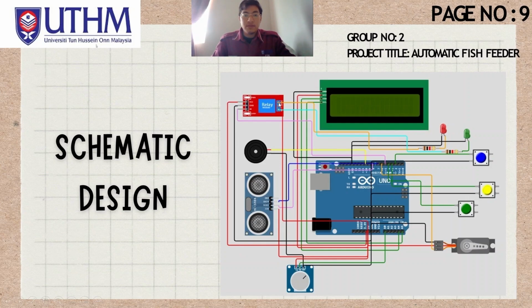So here we have relay, buzzer, ultrasonic sensor, potentiometer, servo motor, button, LED, I2C LCD, resistor, and Arduino Uno. So this is our schematic design.